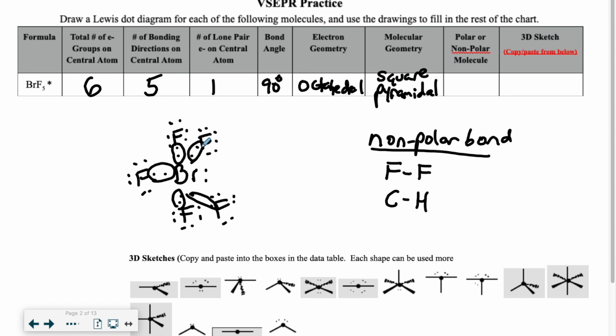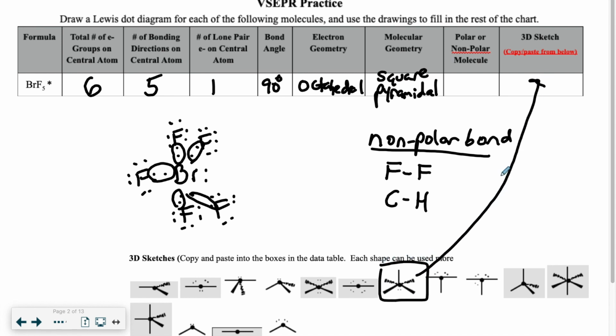In order to determine if it is a polar molecule or not, you have to look at the symmetry. Now, you could use that PhET simulation in order to build it within 3D space and spin it around, or you can look at one of these pictures from down below and see if you have symmetry from there. So looking at my VSEPR geometry sheet that I gave you, if you go across the 5 and 1, this is the picture that you would copy and paste up here.